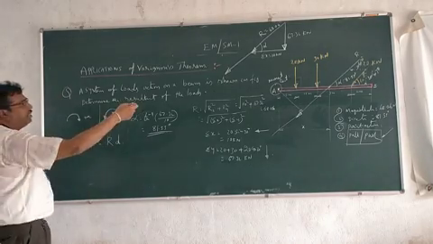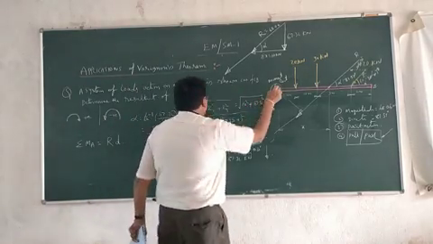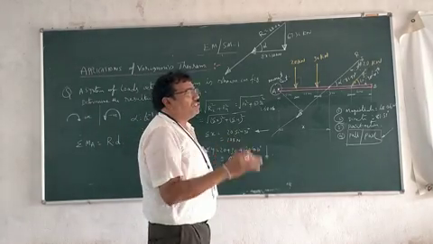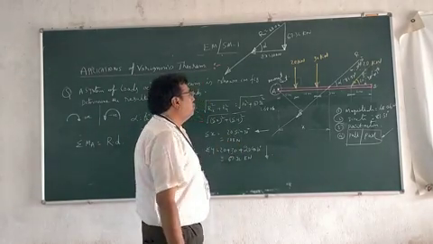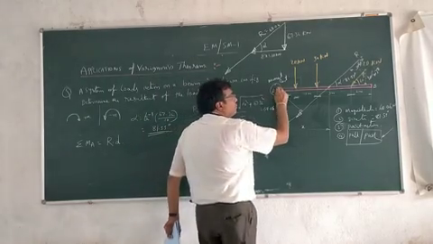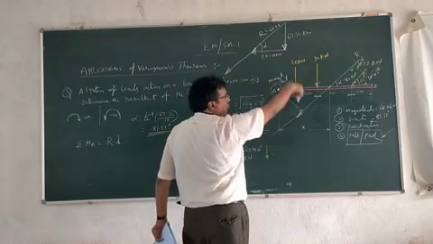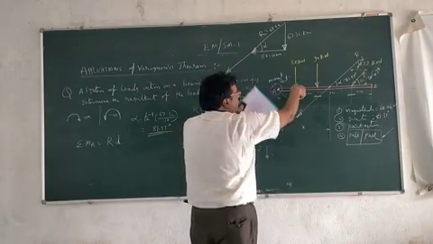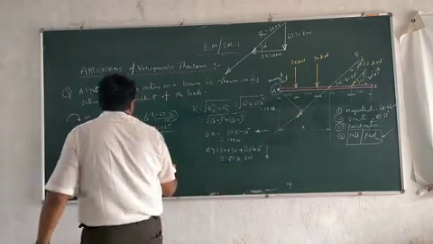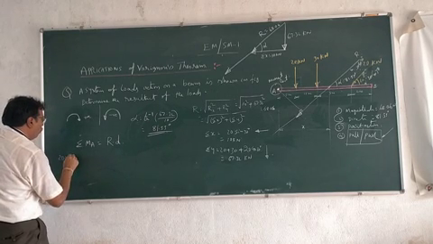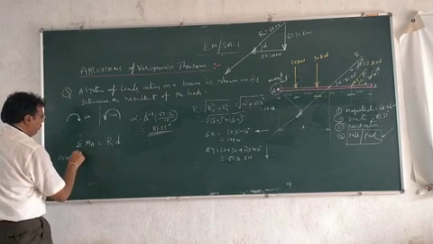Sigma MA, I am taking with respect to A. That means sigma MA is the sum of the moments of all the forces acting on the member with respect to this point. This moment is acting clockwise. That is 20 into 1.5 newton, plus.